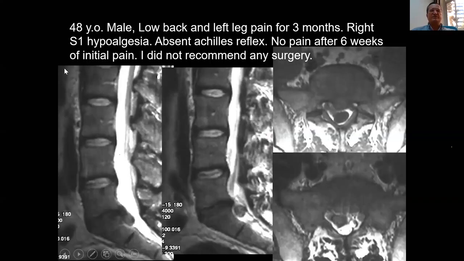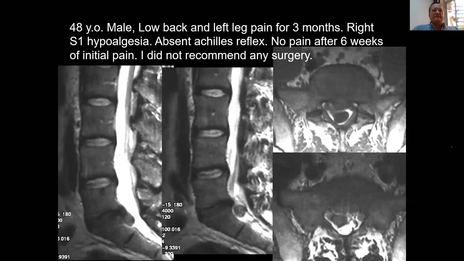Besides, I am showing this example. This patient came to me with a 3 months history, but when I saw that patient, he had almost no pain, and I did not recommend surgery.